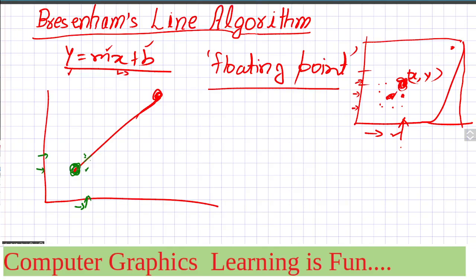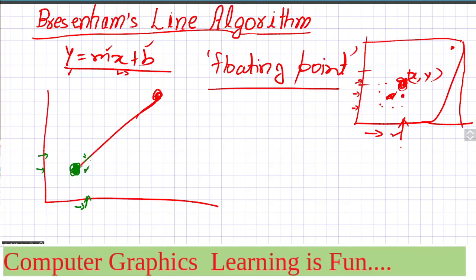We will see that this was our position already chosen. From here, what is the direction in which this particular line is going? And we will compare the difference from this pixel and from this pixel.